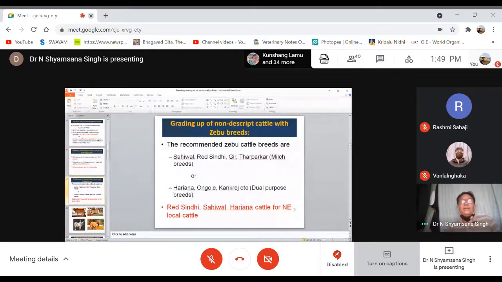Now, for grading up of our nondescript cattle using our own cattle breeds, the recommended breeds may be Sahiwal, as I already mentioned, Red Sindhi, Gir, Thar Parkar, or else it may be Haryana, Ongole, or Kankrej. These are known as dual purpose breeds.